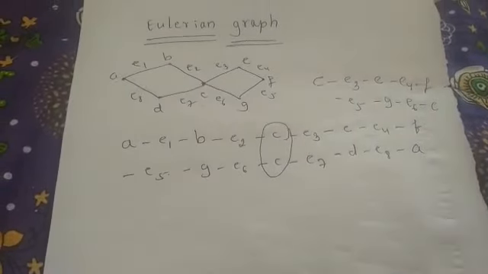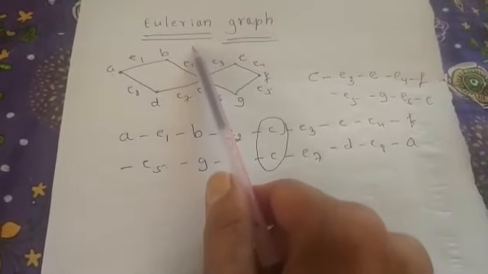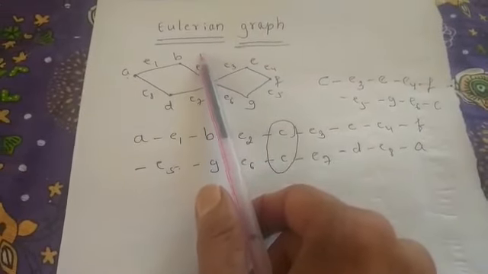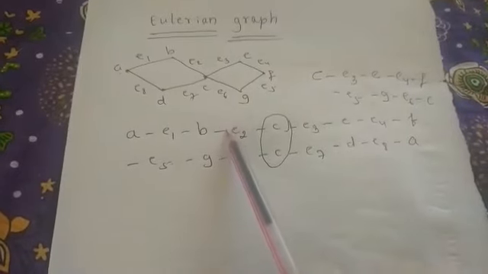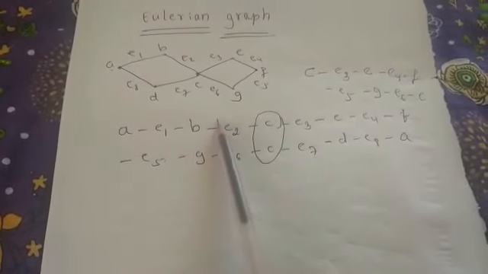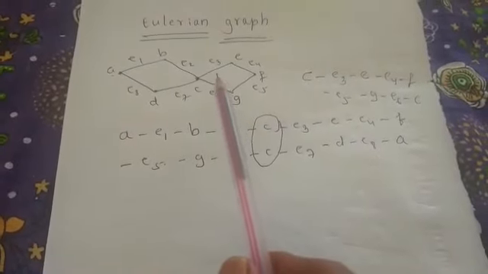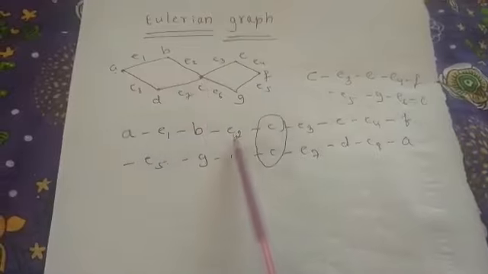So, if I want to define an Eulerian path, it need not be a closed walk, but it has to include all the edges, but only one time.